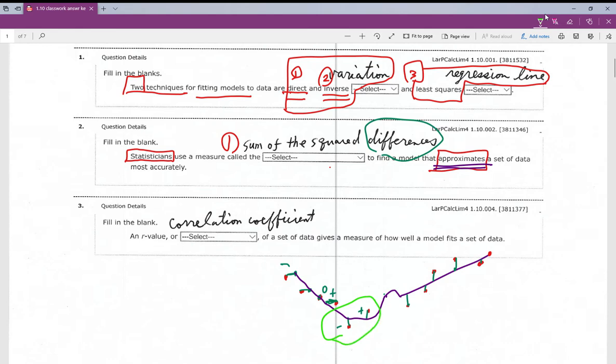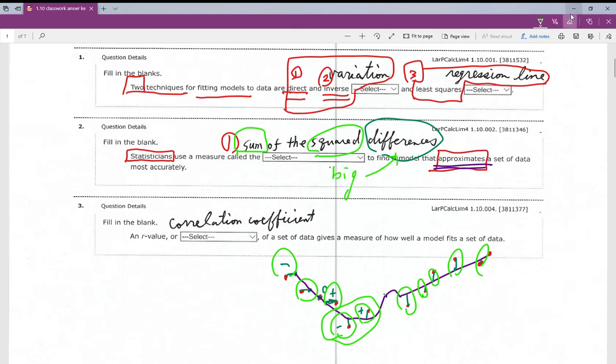We don't want the differences to cancel out, so that's why we use the square. You square it, then it becomes positive. You square all the differences and then add them all together, and then you can see how big the difference is.